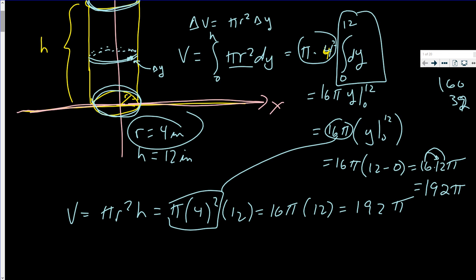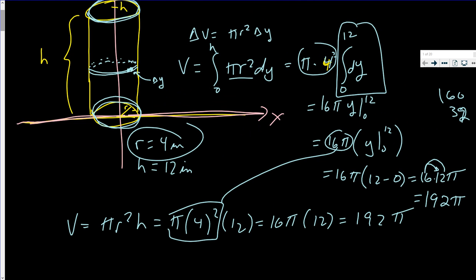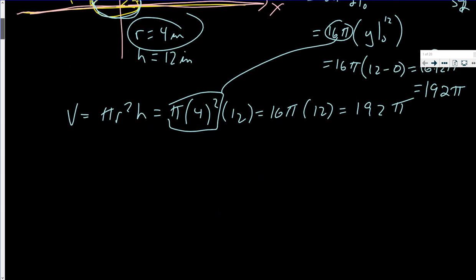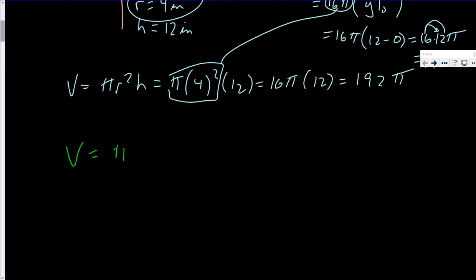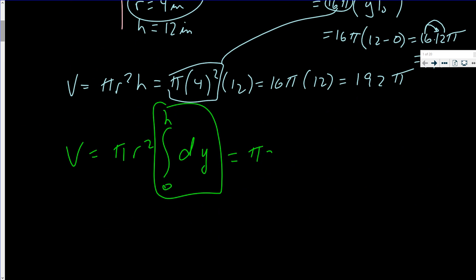Okay, in fact, if we just left it the way it was, right here, and we integrated that without putting in the radius and the height, well, it's going to be pi r squared times that integral, and that integral is just y from 0 to h.